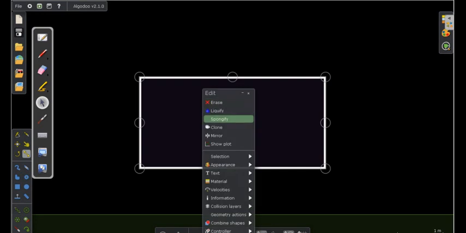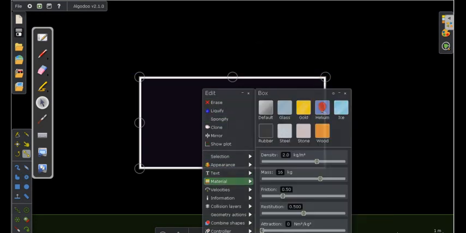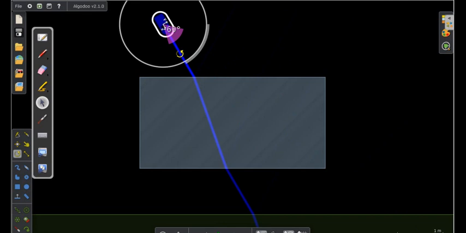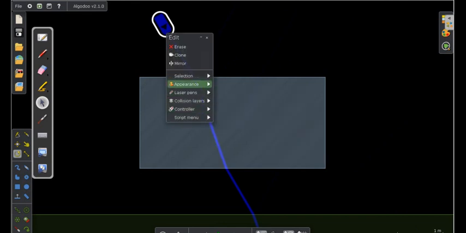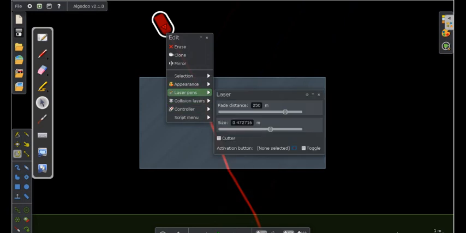Now I'll bring in a laser or a light source. Let me reduce this, give it color of red and thickness a little bit less.